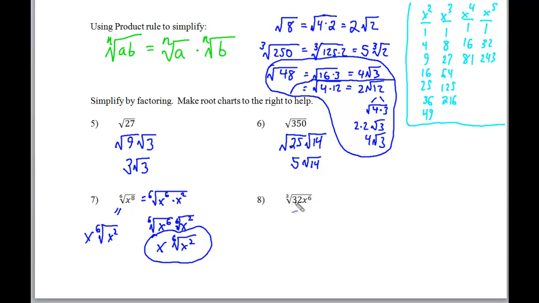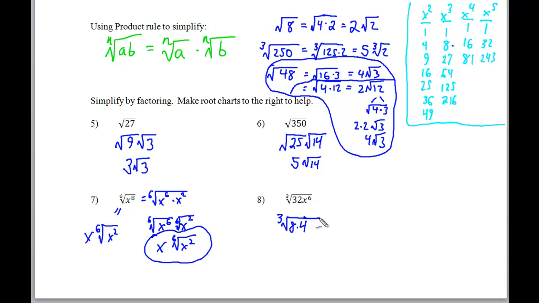But this one, we're going to have to tackle the cubic root. Take a look at this as x cubed up here. So we're going to have to try to find one of those numbers that divides the 32 evenly, and that's going to be 8. So that means I'm going to have the cubic root of 8 times 4, because 8 times 4 is 32.